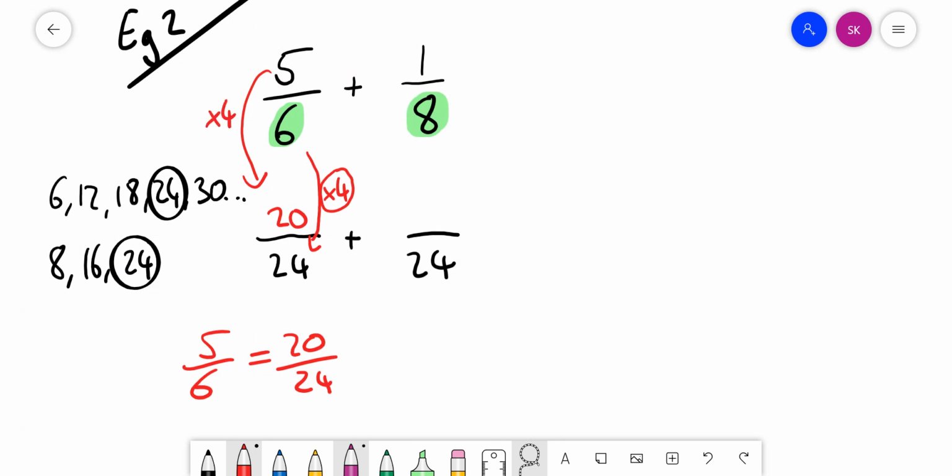Then I go over to the second fraction. What do I times 8 by to make 24? I times it by 3. Sorry guys, it's early in the morning. I'm obviously still not quite awake. Times 8 by 3 to make 24.